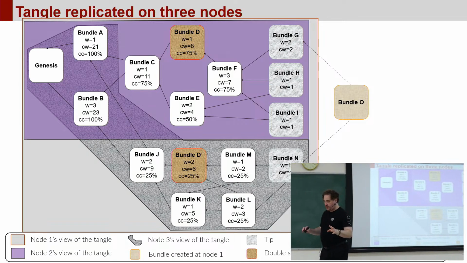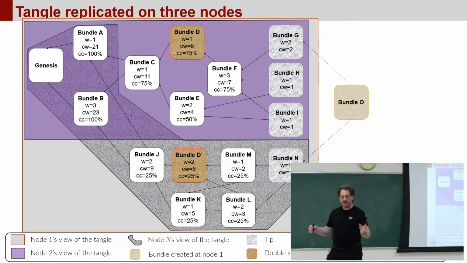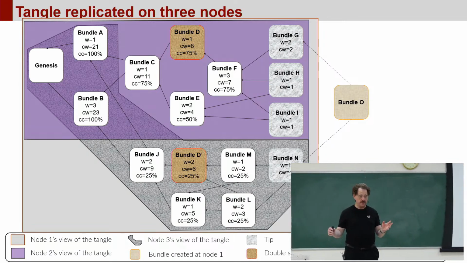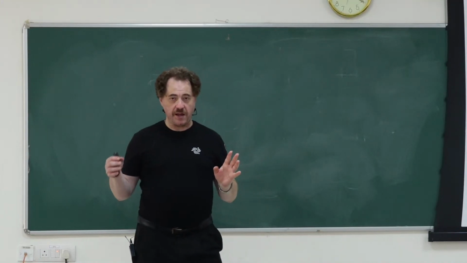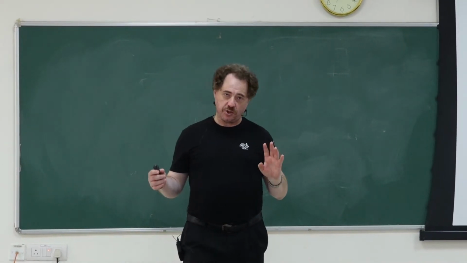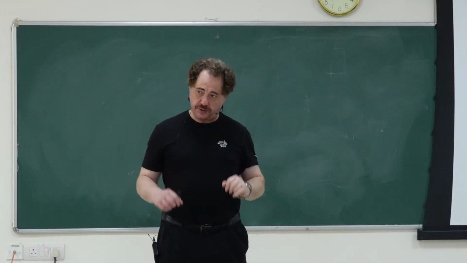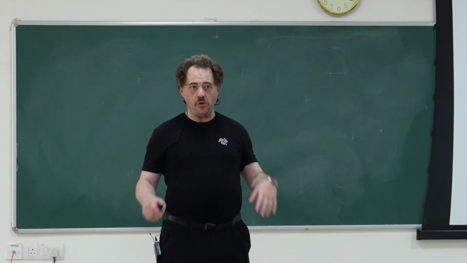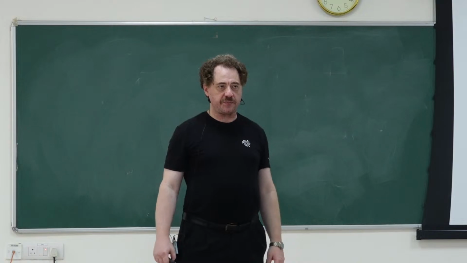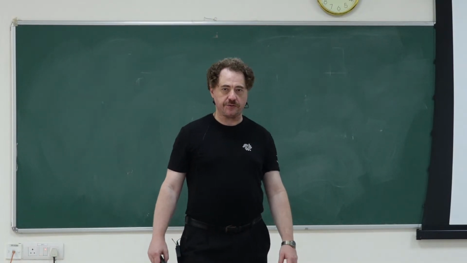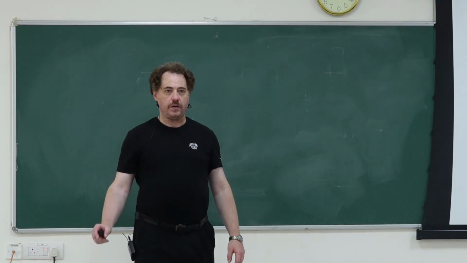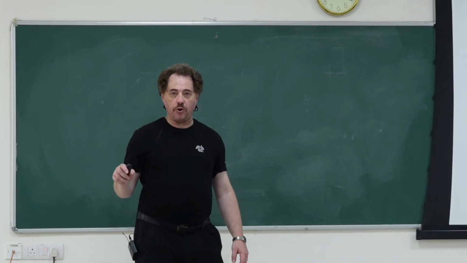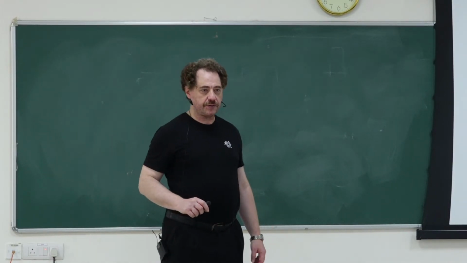Different nodes in a distributed system can be out of sync with respect to each other, which means that at any given moment in time, each node would see a slightly different picture. All nodes would know about the genesis block or the genesis transaction. But not all nodes would know about the most recent transactions, right?